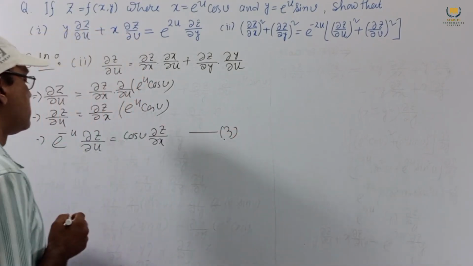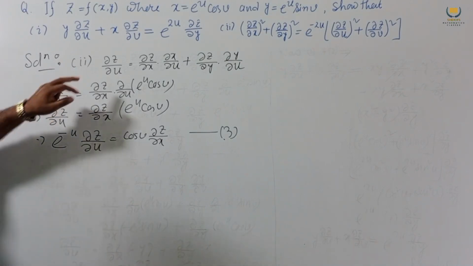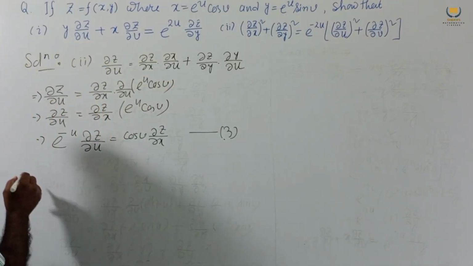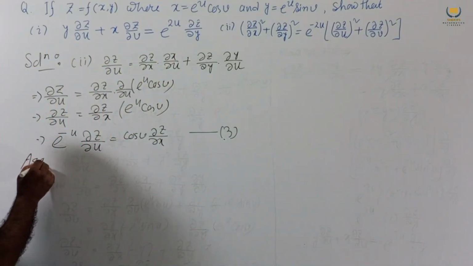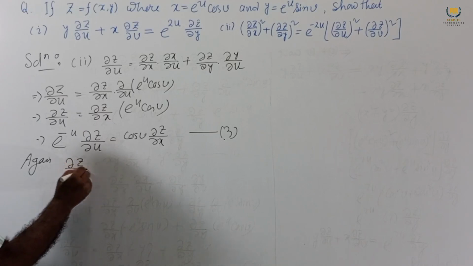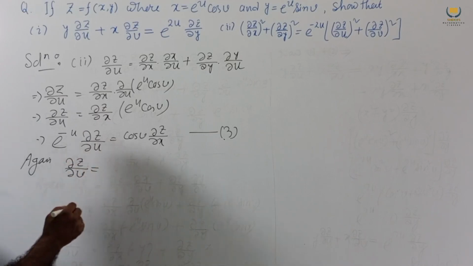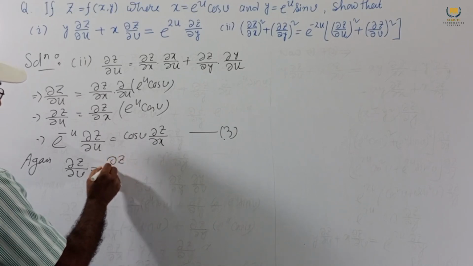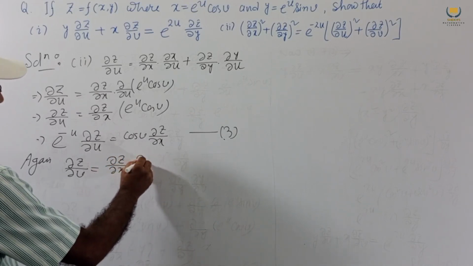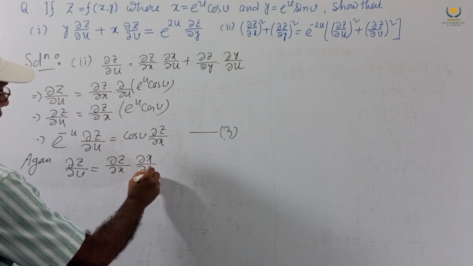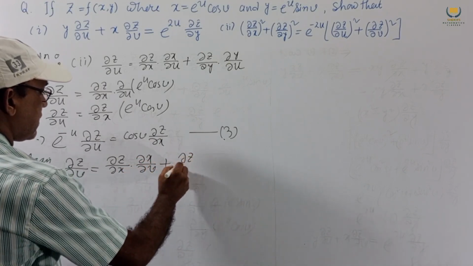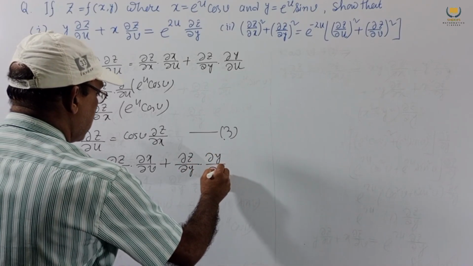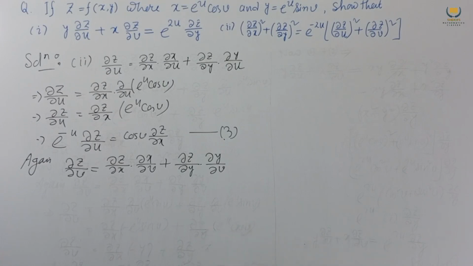Again, in our answer del z del u and del z del v are given, so again we find del z del v. Del z del v equals del z del x del x del v plus del z del y del y del v. We get this.